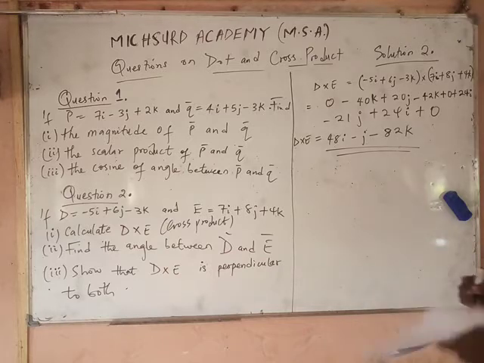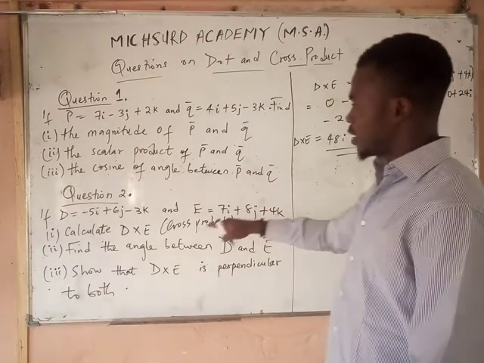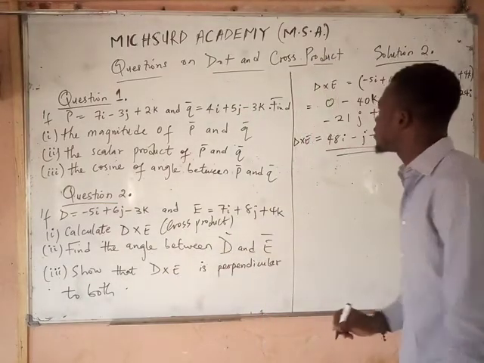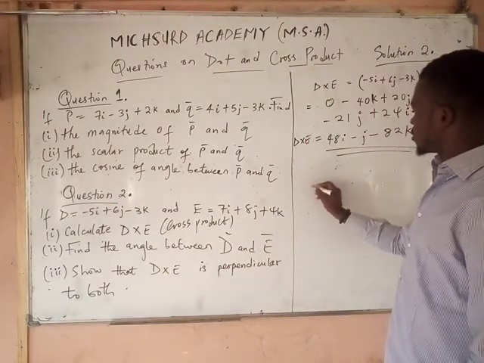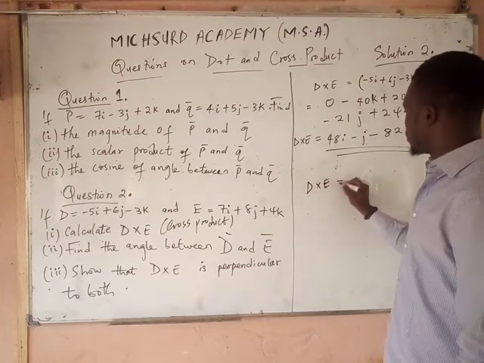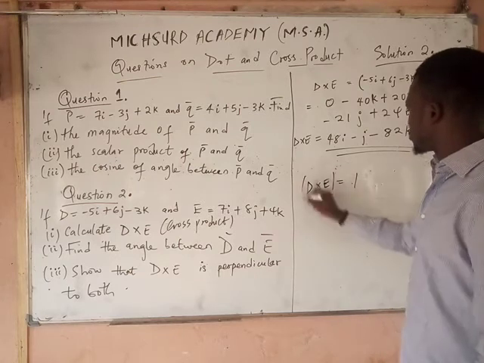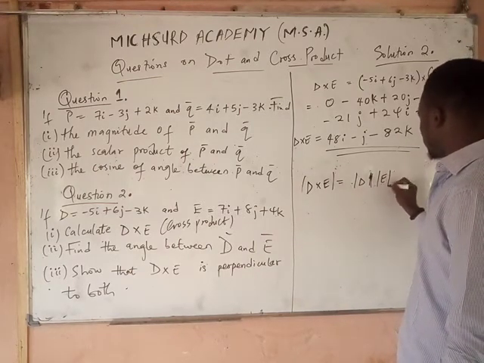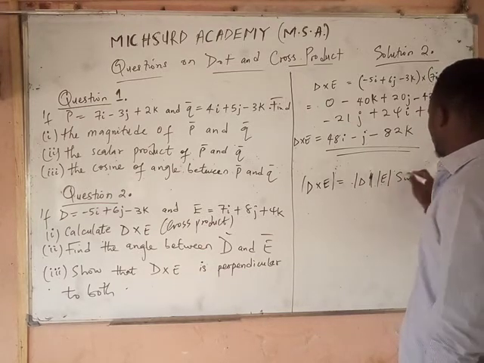Alright, so now the next question on that question 2, sub question, is to find the angle between D and E. So the angle there is, we know that D cross E from our formula is equal to the magnitude of D times the magnitude of E sine theta.